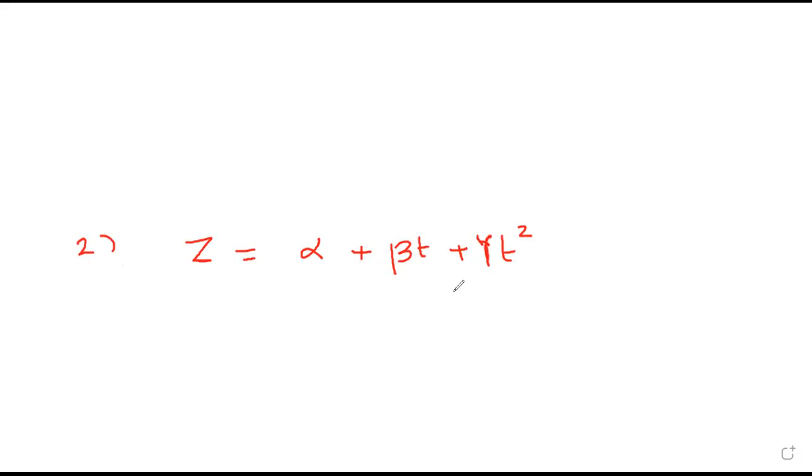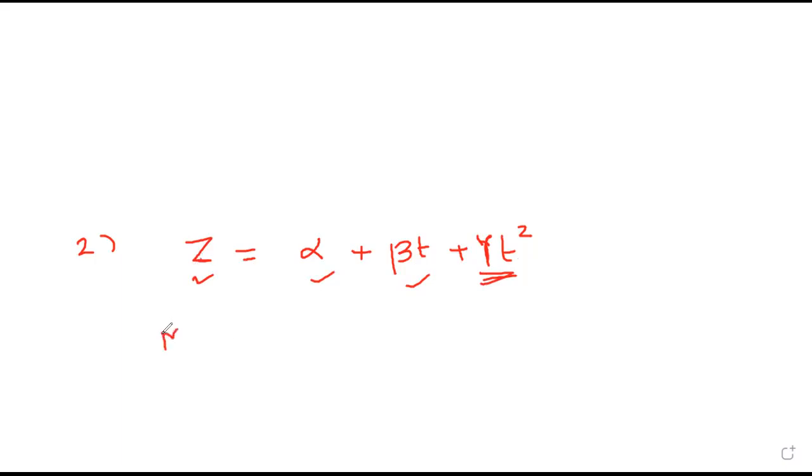Since all three quantities are added, they all have the same dimensions. Therefore Z is equal to alpha. Whenever an equation is given and they say it is correct, every term must have the same dimension. Then only you can add.